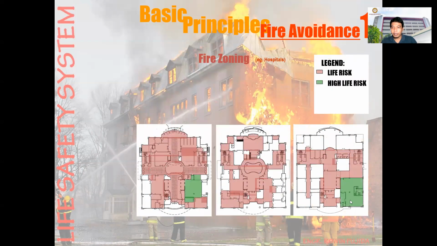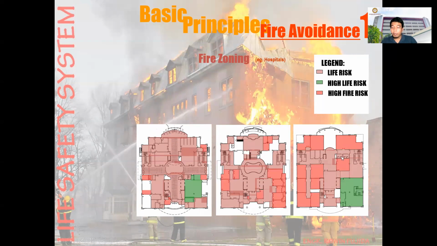The green one. Next is the high fire risk. So there is where the material is stored, and then the high fire load is, that is the ICU in hospital or the operating room in hospital.